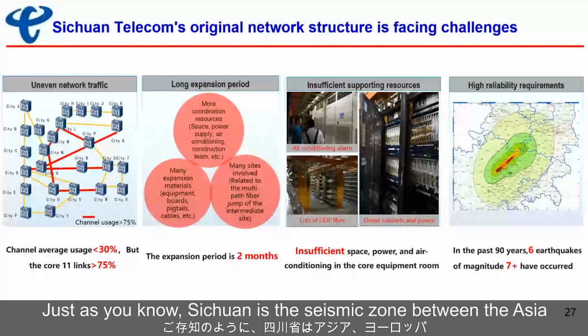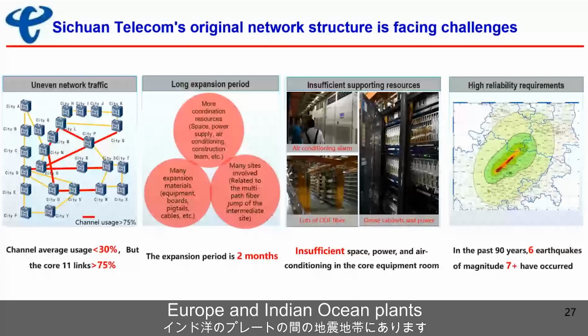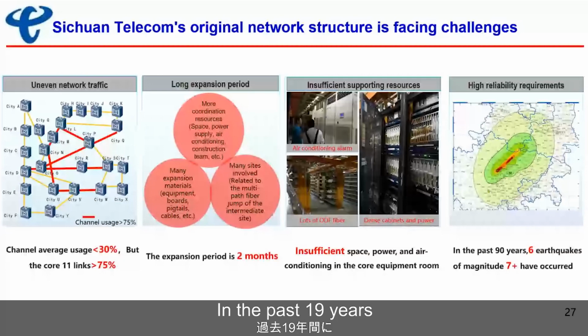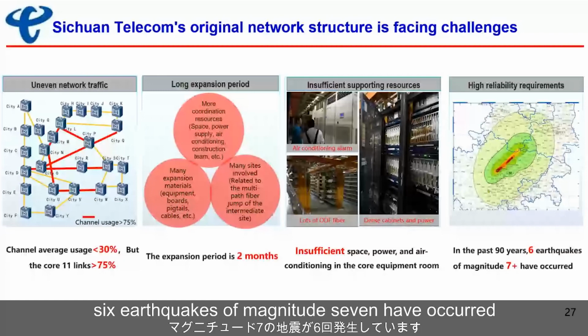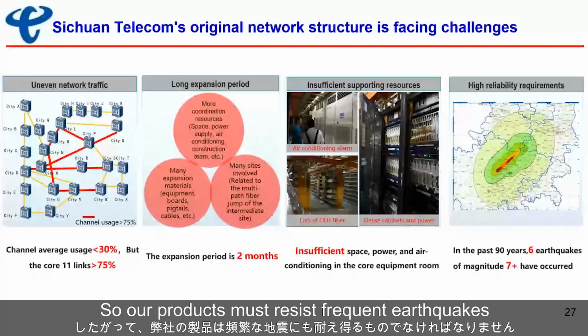Just as you know, Sichuan is a seismic zone between the Asia, Europe, and the Indian Ocean plates. In the past 19 years, 6 earthquakes of magnitude 7 have occurred. So we need a product that can resist frequent earthquakes.